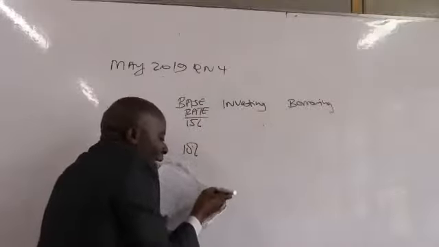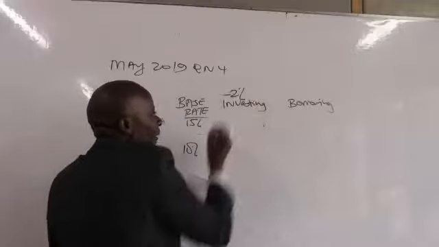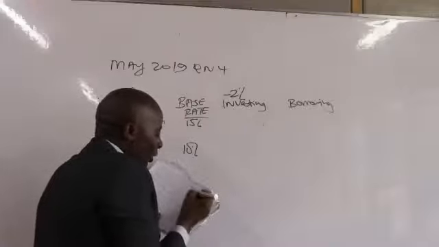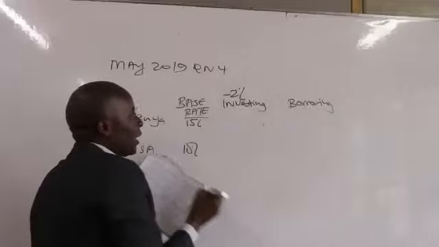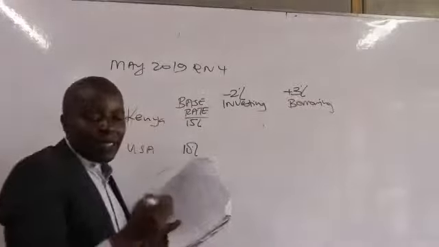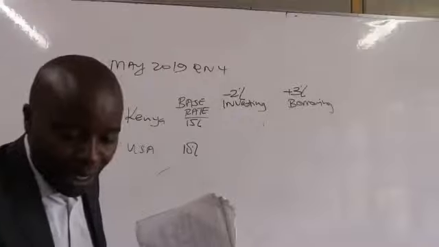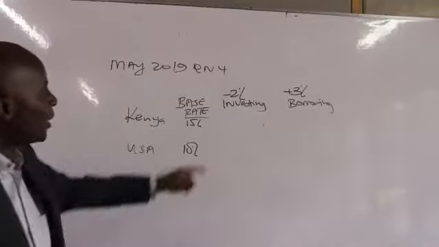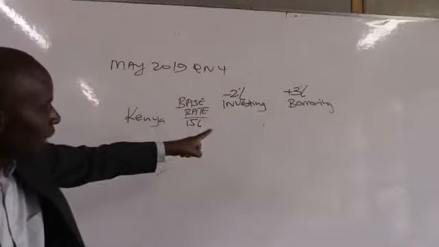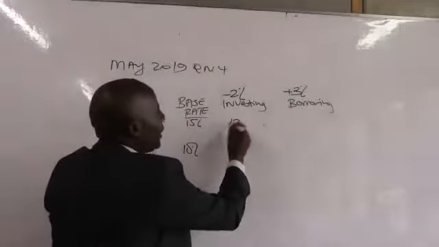Investing, they have told us, is 2% below, so it is minus 2%. The borrowing rate, from note number 1, is 3% above, so plus 3%. Given the base rate, the investing rate in Kenya is 2% below, so 15% minus 2% gives me 13%.